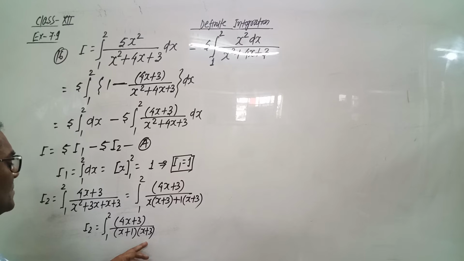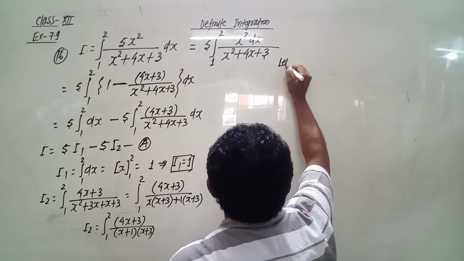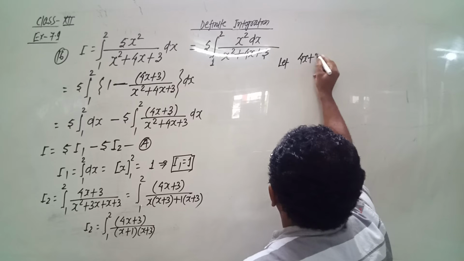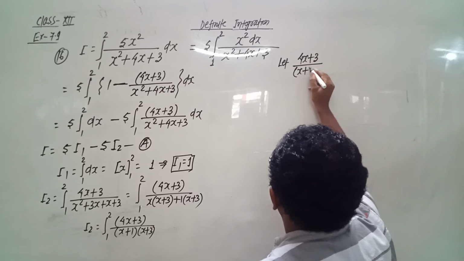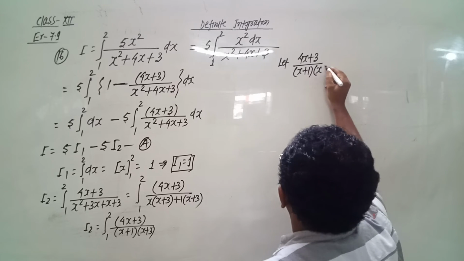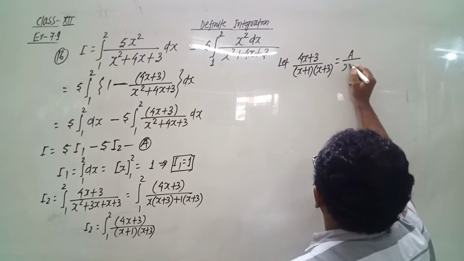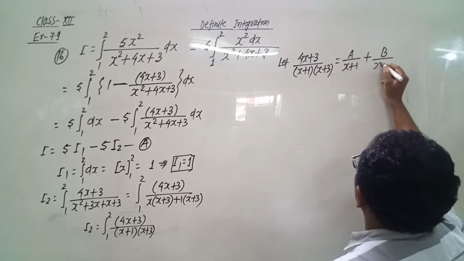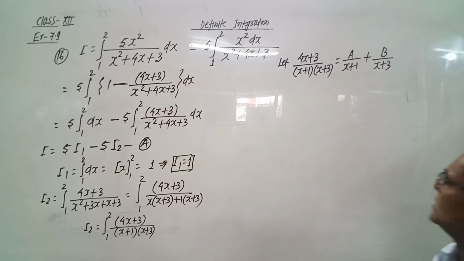Now we suppose that (4x plus 3) upon (x plus 1)(x plus 3) equals a upon x plus 1 plus b upon x plus 3, because both are linear terms.